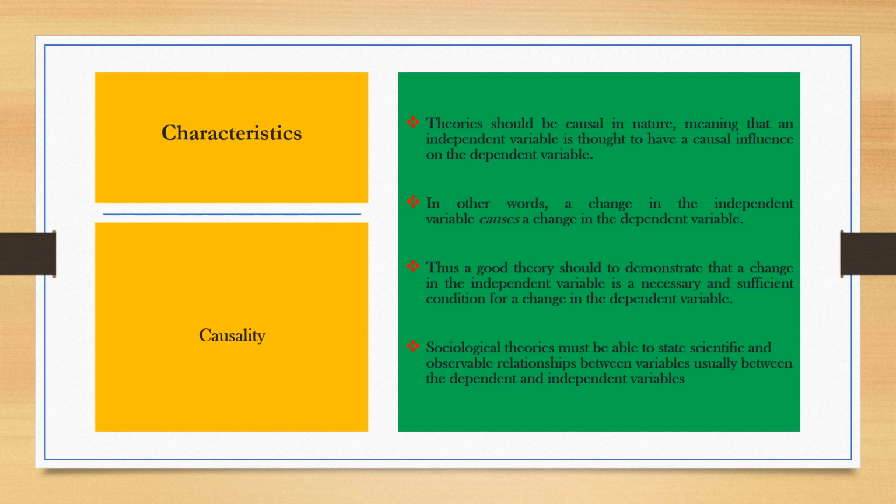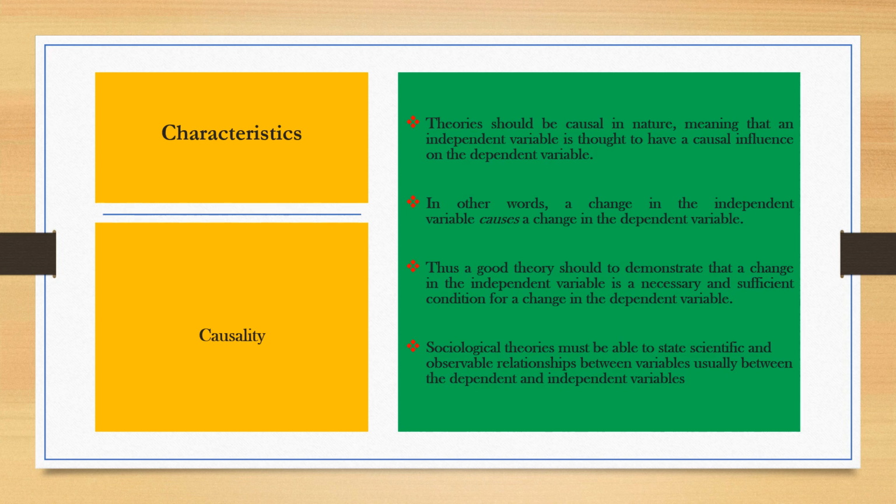A good theory based on causality should demonstrate that a change in the independent variable is a necessary and sufficient condition for a change in the dependent variable. Sociological theories must be able to state scientific and observable relationships between variables, usually between the dependent and independent variables.